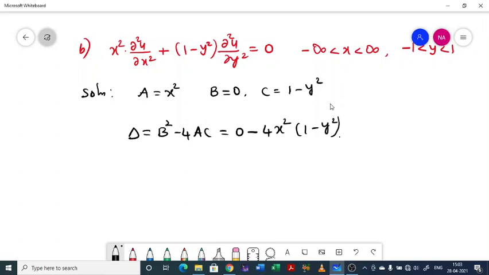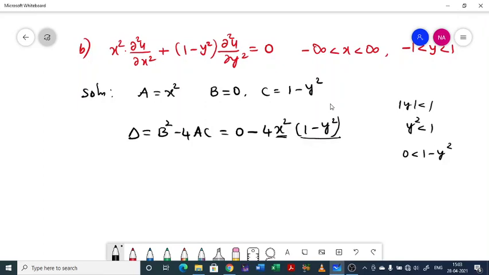Whatever the value of x may be, whether negative or positive, x² is greater than 0. It is given that y lies between -1 and +1, that is modulus of y is less than 1, or y² is less than 1. Subtracting y² on both sides, 1 minus y² is greater than 0.